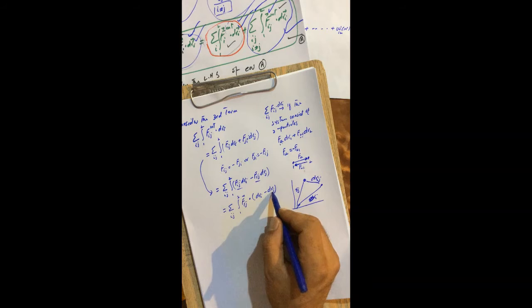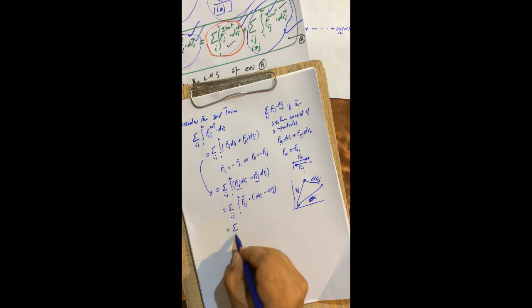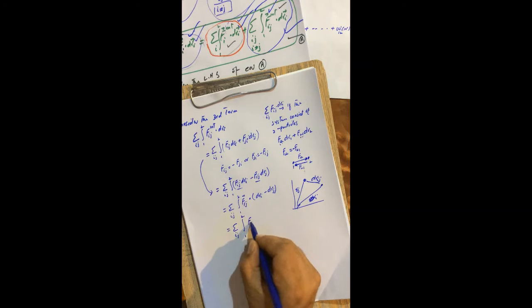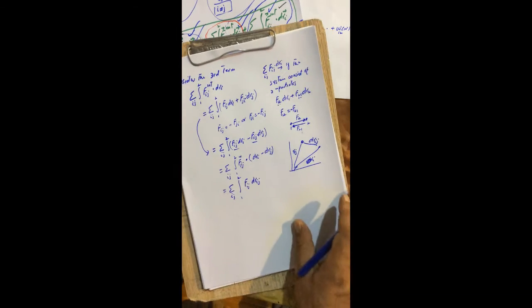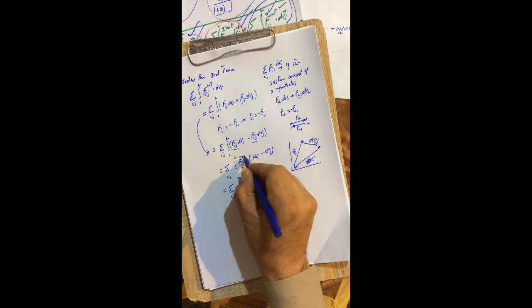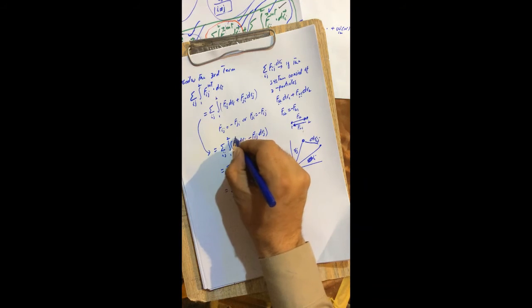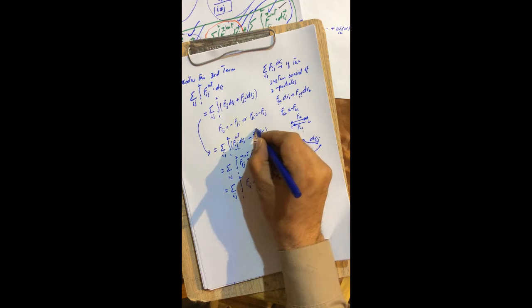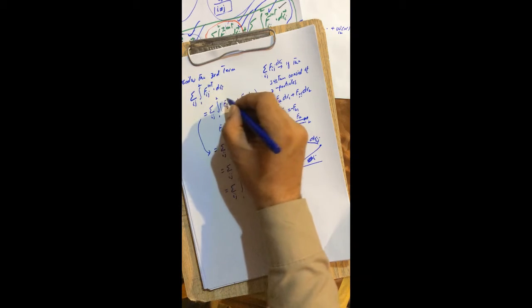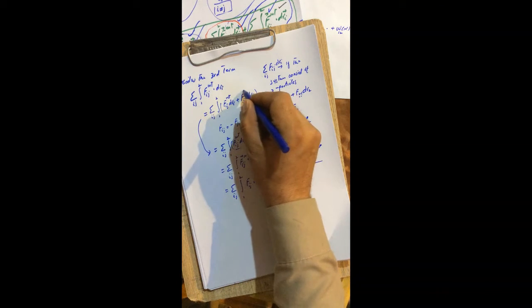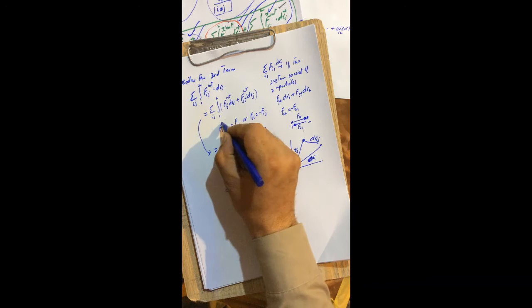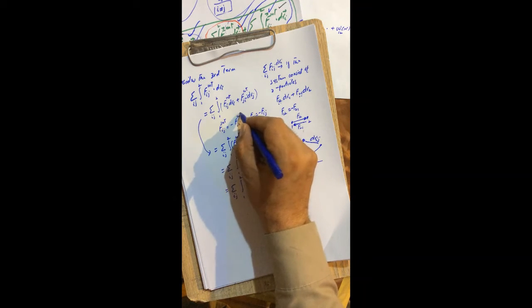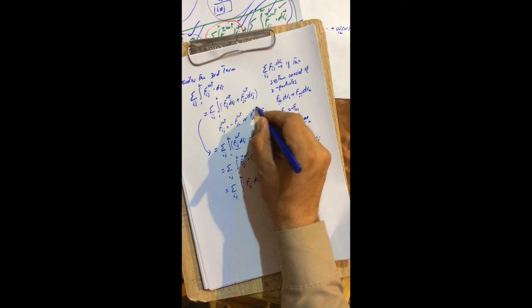So dri minus drj can be replaced by integral from 1 to 2 Fij dot drij. This is the internal force, so I put internal here, and we have the internal force here too.